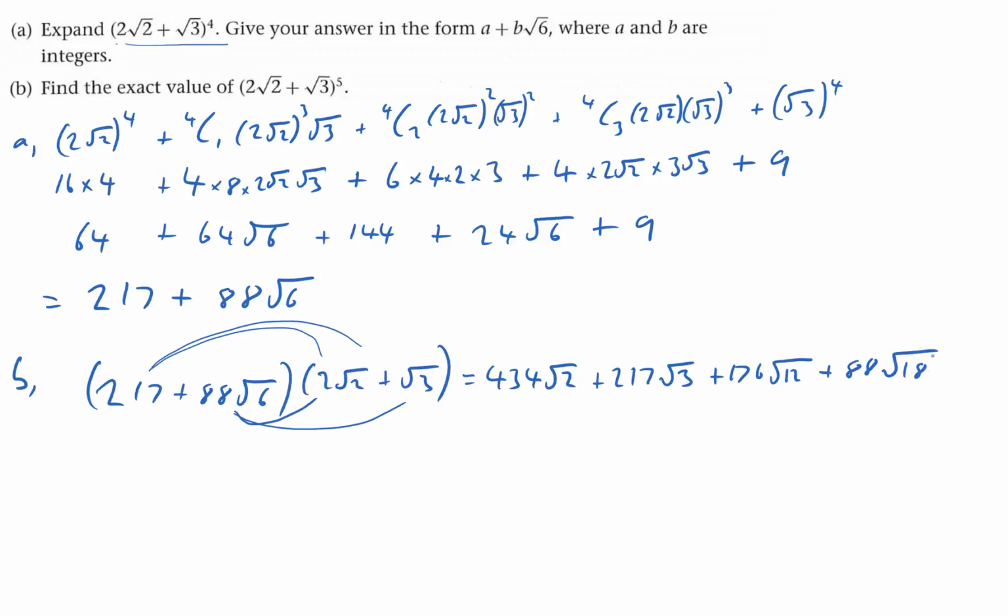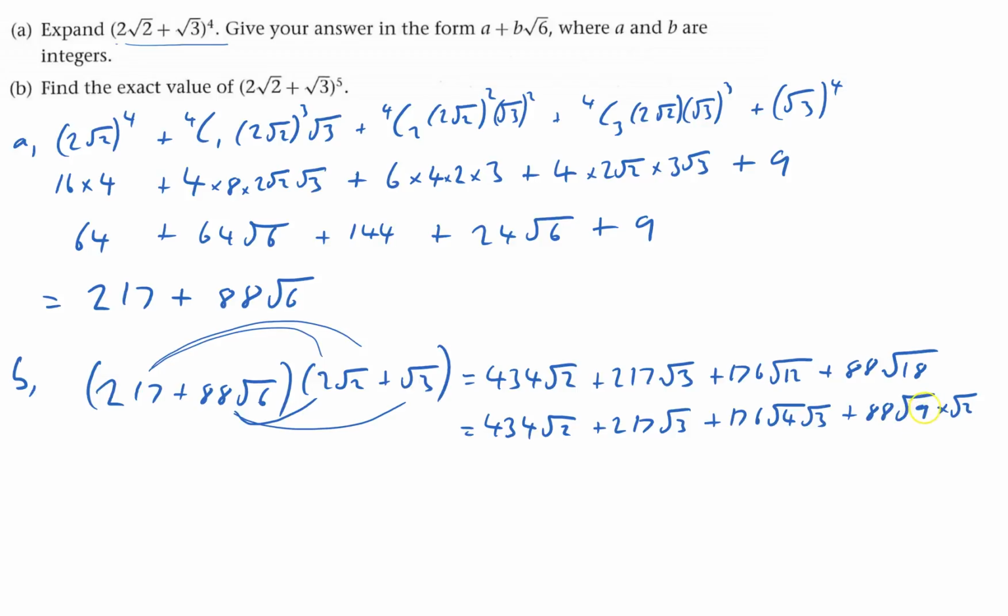I can simplify this down because both are square numbers, 4 goes into that and 9 goes into that, so that is the same as 434√2 plus 217√3 plus 176 times √4 times √3 plus 88 √9 times √2.